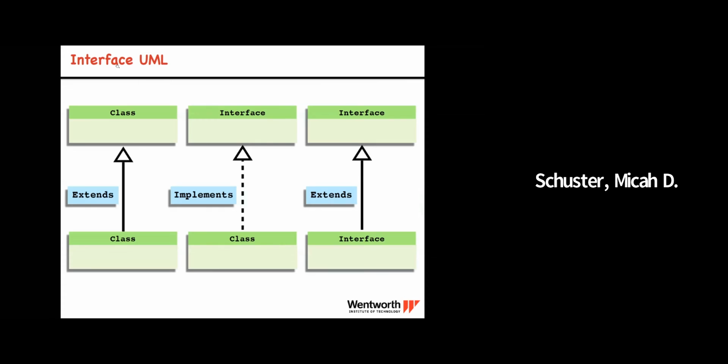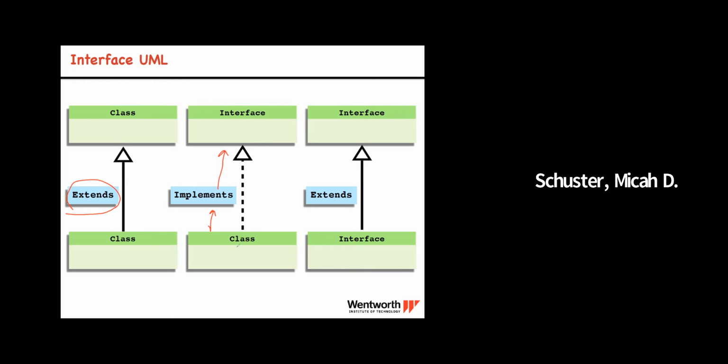So when we look at UML diagrams, the inheritance one is extends. A class extends another class. A class implements an interface. And when you have that sort of relationship, you use the dashed line.